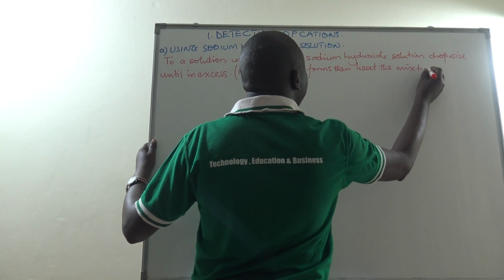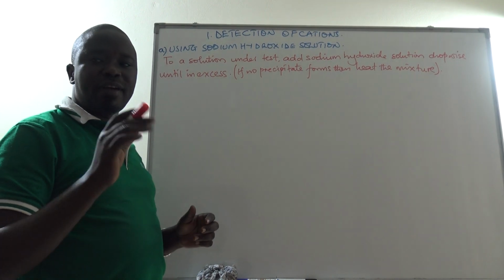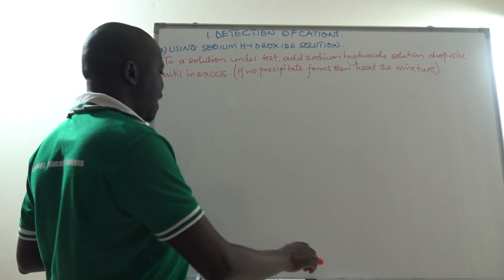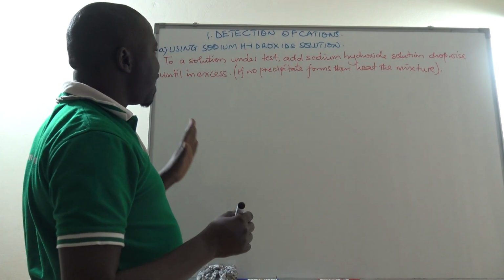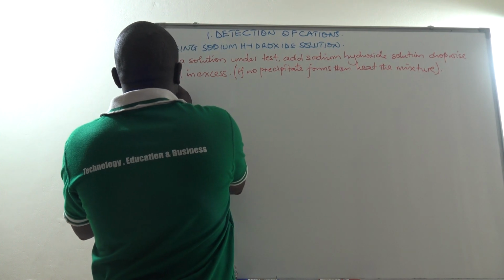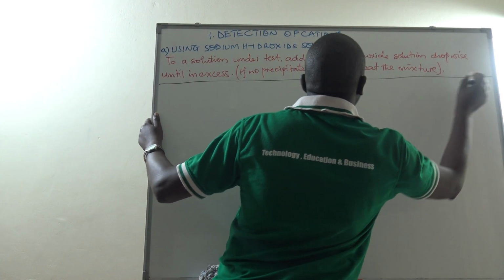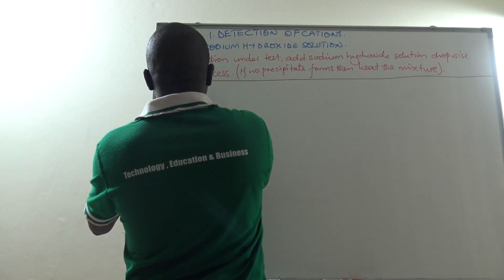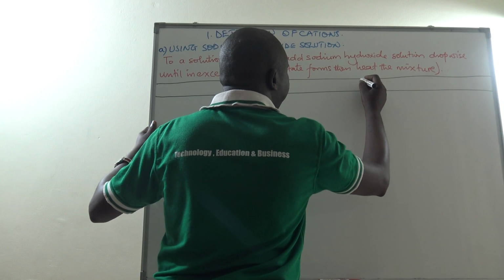And when you heat the mixture, we shall be targeting ammonia gas, and we should be ready to test for ammonia gas. So in this case, let us look at a table for this. We shall have a table for observations and then the deductions that we are going to make from this test in particular.